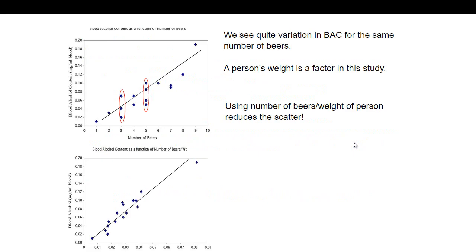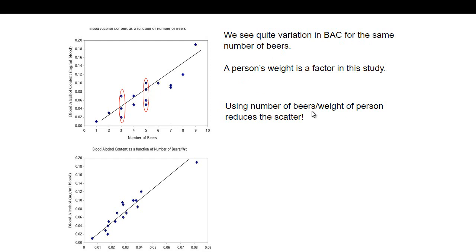All right, so here is an example. Here we're looking at the number of beers versus blood alcohol level. We see quite a bit of variation in blood alcohol for the same number of beers. So a person's weight is a factor in this study that we didn't consider.